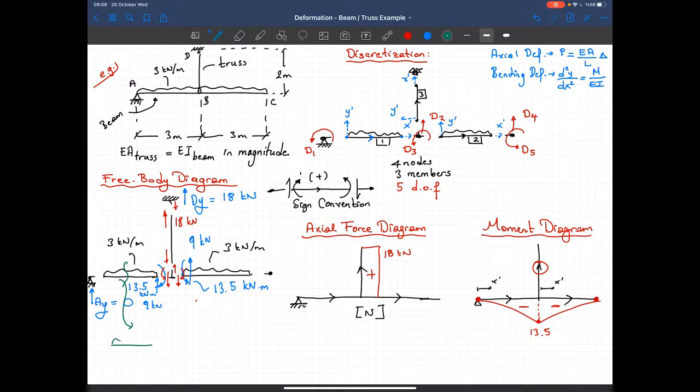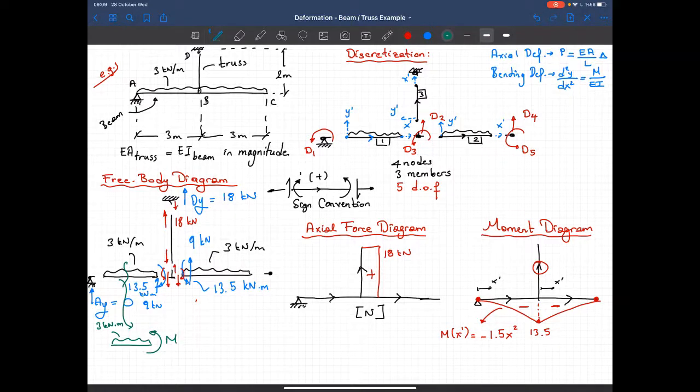I take a section cut, there's no shear force, that's the moment, and the magnitude of that is equal to 3 kilonewton meters, and the equation for this moment diagram is M of x prime equal to minus 1.5 x squared.